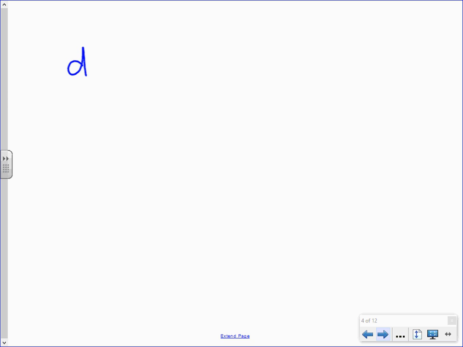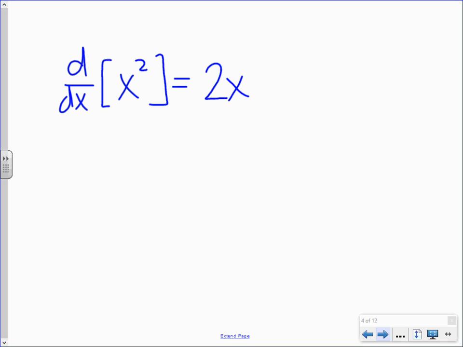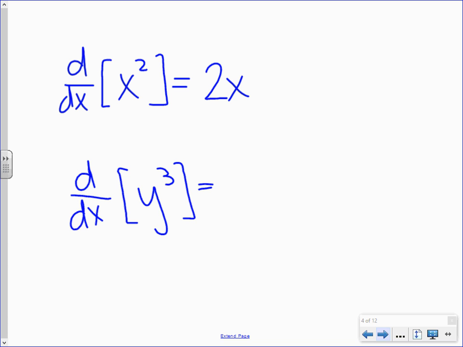If I ask for the derivative with respect to x of x squared, you would say what? 2x. Okay. Now, if I said the derivative with respect to x of y cubed, what are your thoughts?